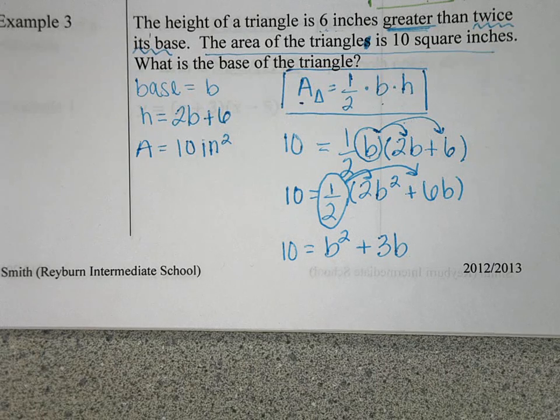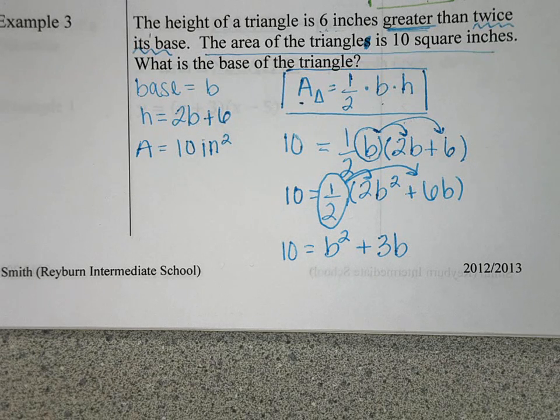Can you guys solve this? Yes. This is similar now to what we did in the AO, right? What would my first step be? Subtract 3b? We want to get the whole thing equal to what? 0.